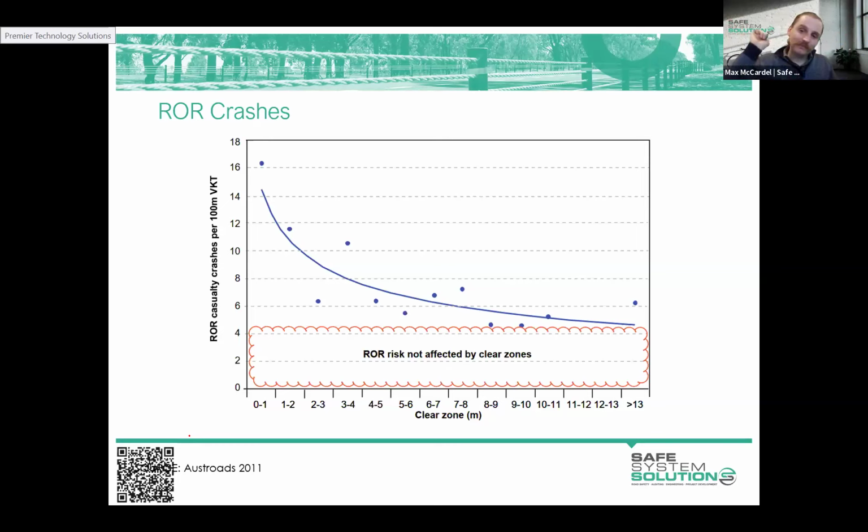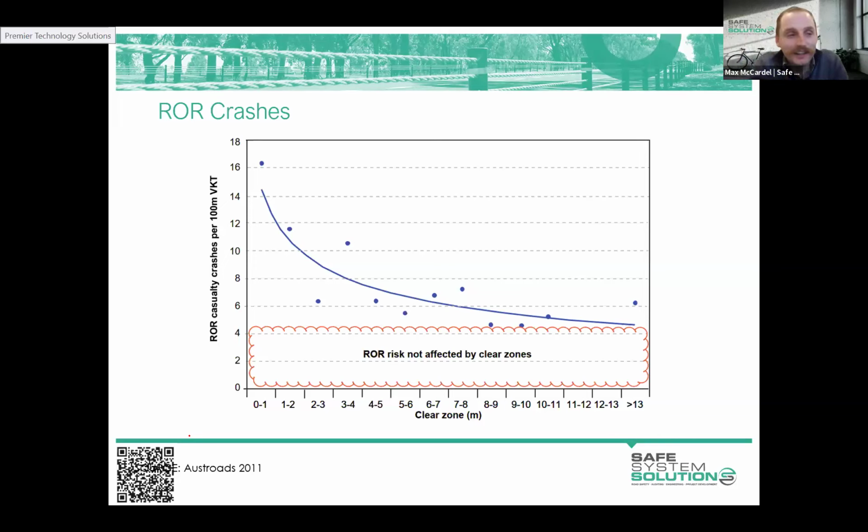But some research has indicated that, regardless of how much clear zone you put, there's still a risk of run-off road crashes. And why that is the case is because vehicles can roll over within that cleared zone. Unless it's maintained, like you're constantly going out there and patting down the area.